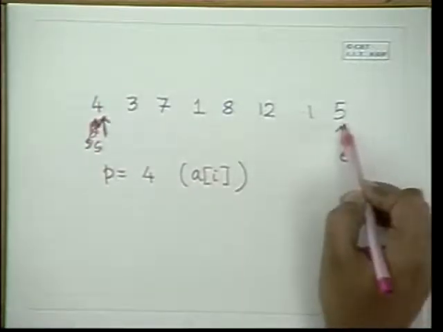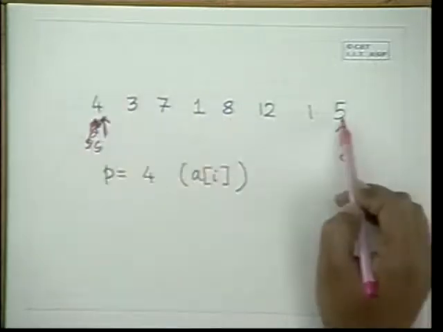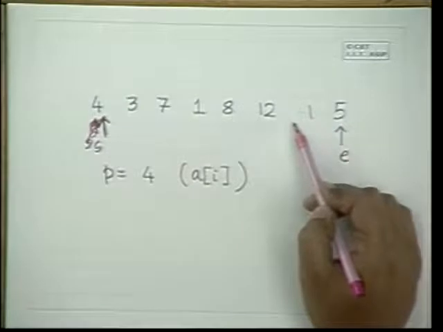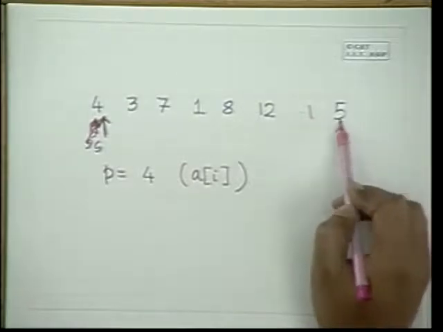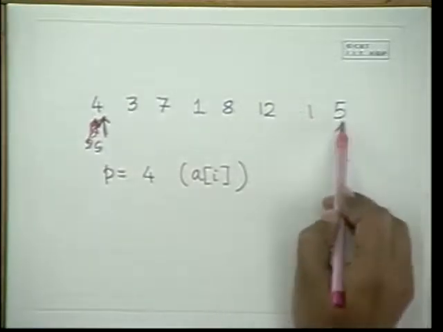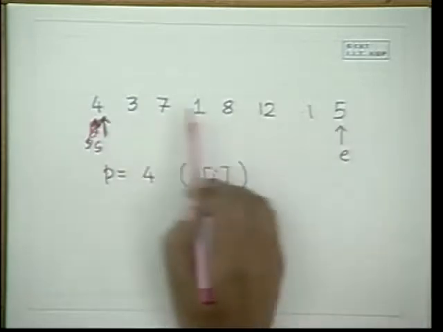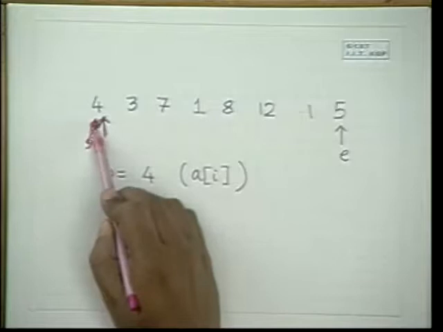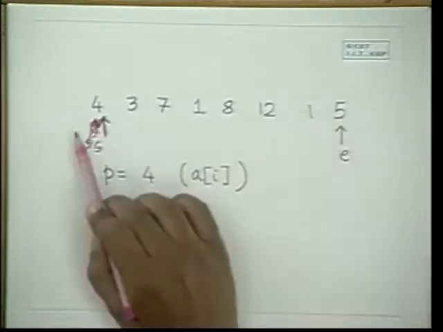And here, as long as it is less than or equal to P, we will continue. But as soon as it is greater than P, we will stop. And once we see these two, these are two candidates for exchange, because this will exist this side and this will exist this side.